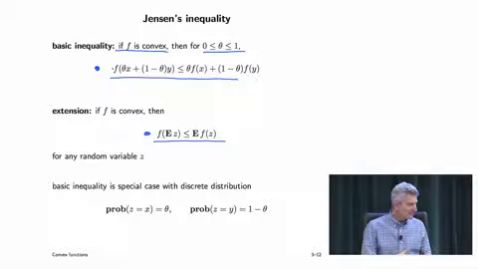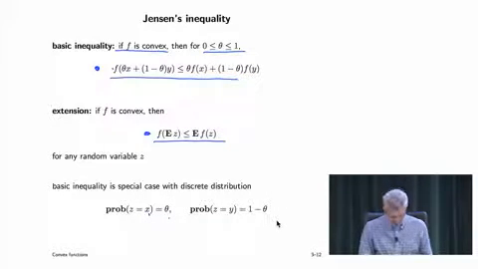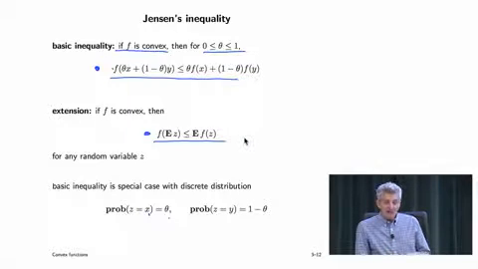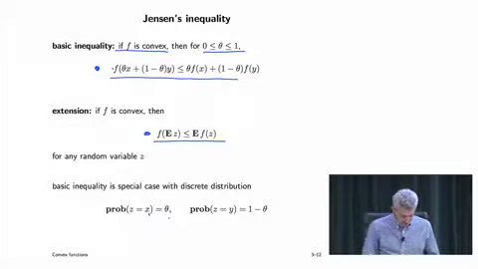And the earlier one is a special case of that for a very specific distribution on z. I mean, it's really dumb. It's atomic. It's a distribution that has the value x with probability theta and the value y with probability 1 minus theta. Then this is a special case of that. So this is another way to talk about convexity. A function is convex if it doesn't commute with expectation.